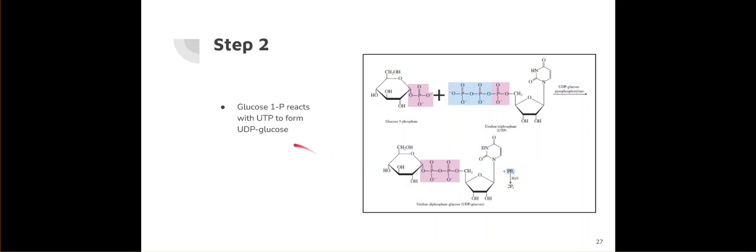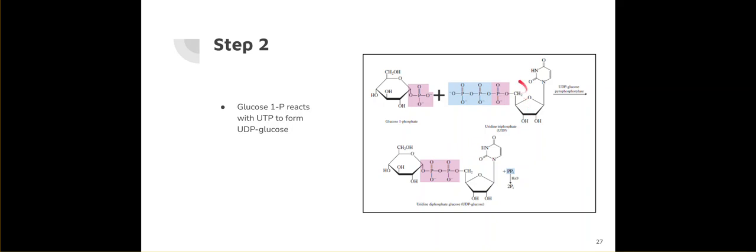Then the second step is the glucose 1-phosphate reacts with UTP, this is uridine triphosphate, to form UDP glucose. So here's our glucose 1-phosphate, and here they've drawn it out. Remember that P with a circle around it is actually this whole critter. And this is going to react with uridine triphosphate.